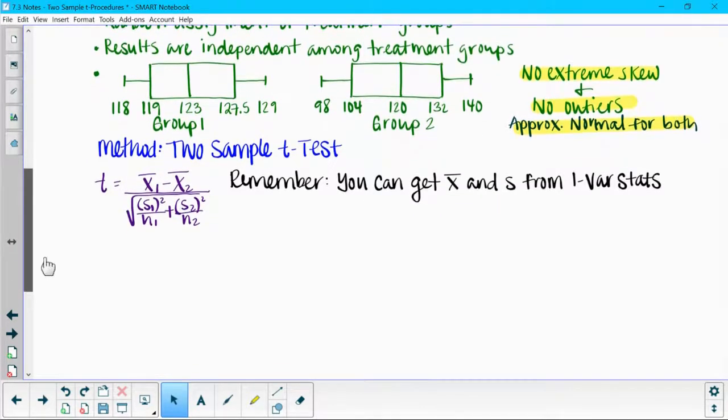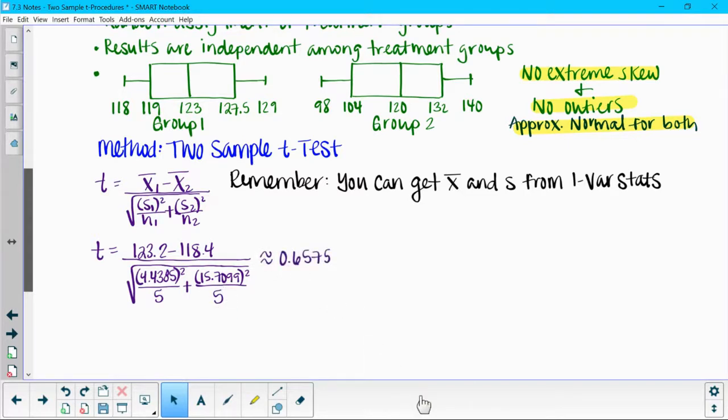I did that for both groups, plugged in my values: sample mean 1, sample mean 2, sample standard deviation, sample standard deviation, sample size, sample size. And that gave me approximately 0.6575.